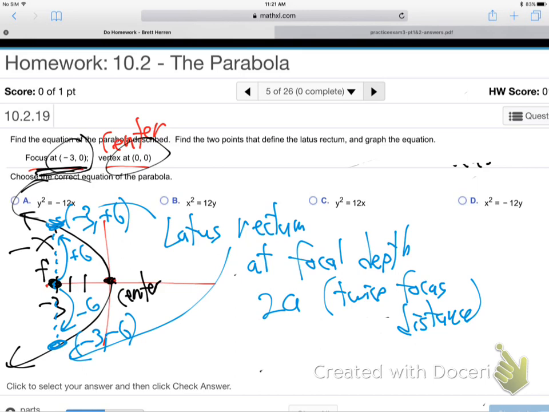Is that making sense? So, for example, if you had a focus going up, say it was up at 4, then the latus rectum points would be here and here, at the level of the focus, and this would be over 8 and back 8, double whatever the focus number is. Is that making sense? So there it is. Type that in. That should work for you. I already got the graph, so I'm going to move on.